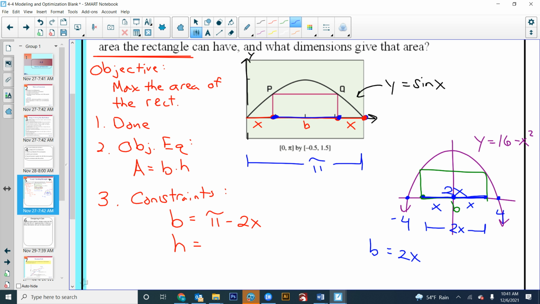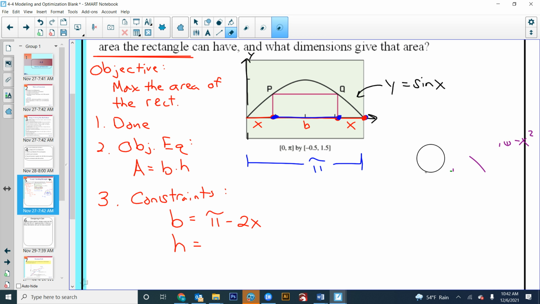I would move on to the height. Careful though, the process that got us here would have given us the wrong answer there because of the way it was drawn. Does it make sense? I'm glad we're addressing that now. 8 minus 2x would give us those little wings.